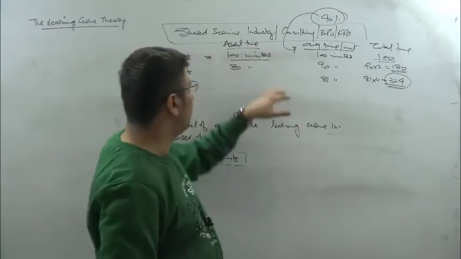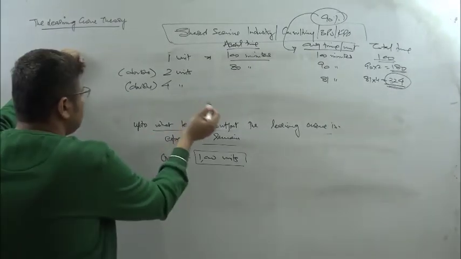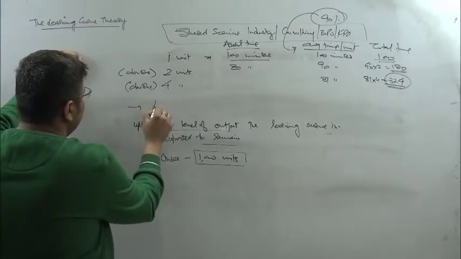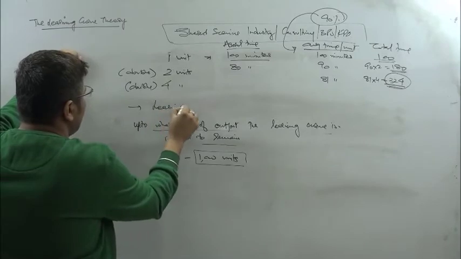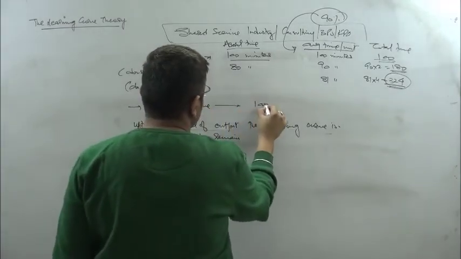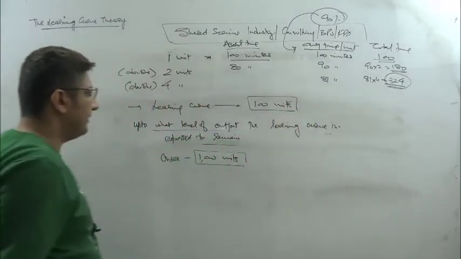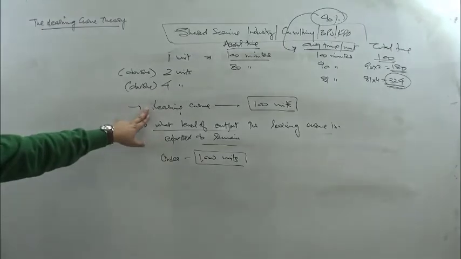For example, if I talk about the 100 minutes, it might so happen that the learning curve would happen until, for example, 100 units only, right? Now what does it signify?